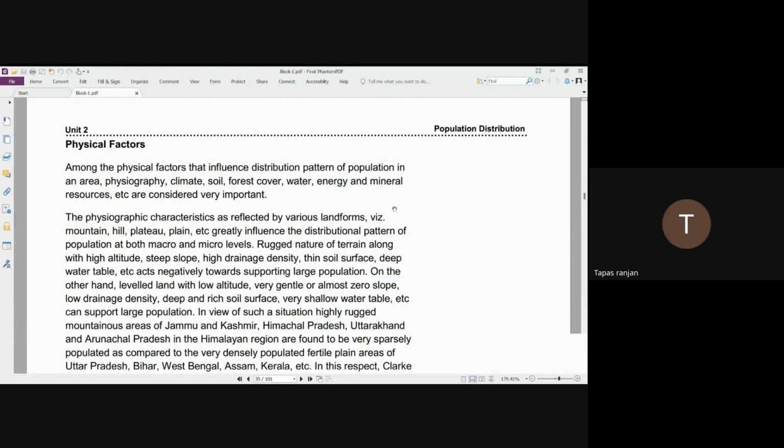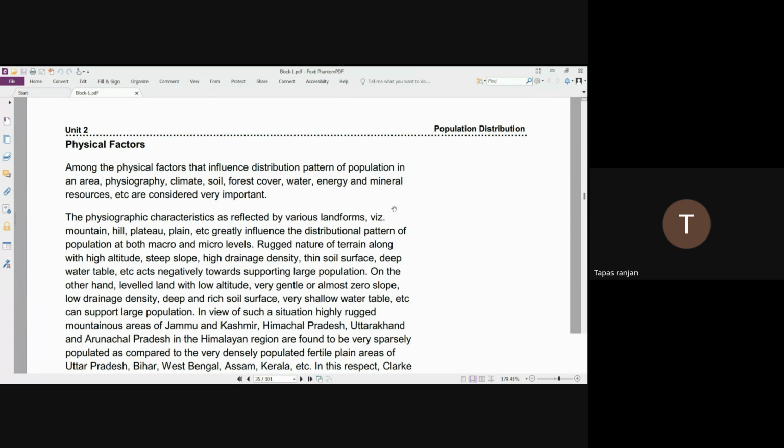That's why you'll see a large number of civilizations in the prehistoric period were nearby river valleys. The river valleys supported these civilizations, just like the Indus Valley civilization. So these rivers supported this kind of kingdoms. That's why availability of water is important.